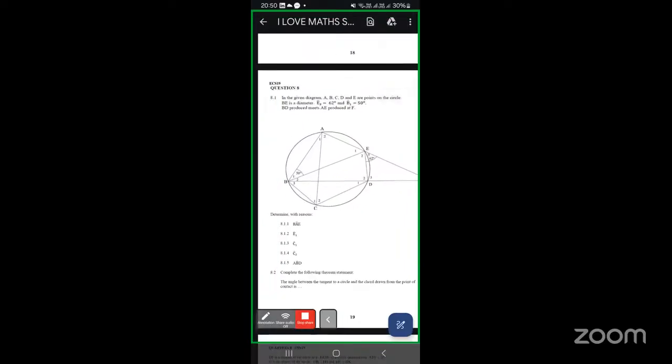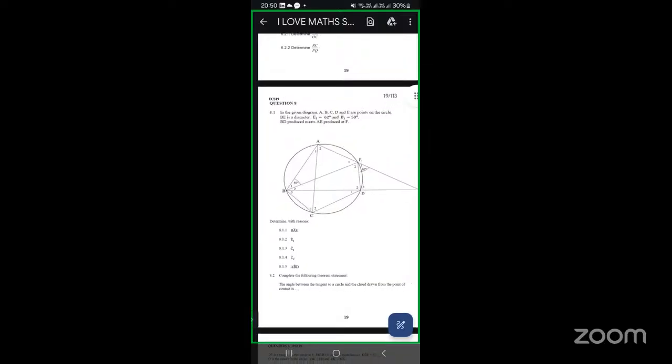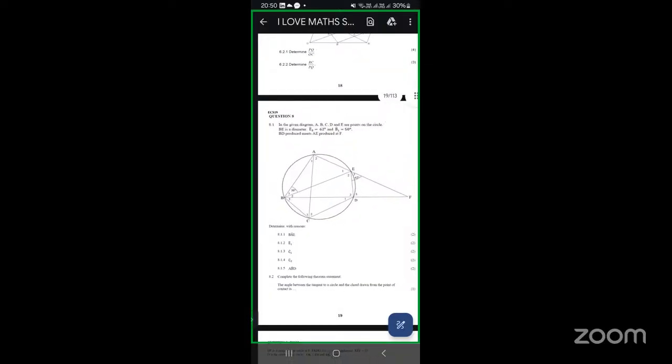What do you guys think? Anyone with the idea, guys, of how to get the angle C1?